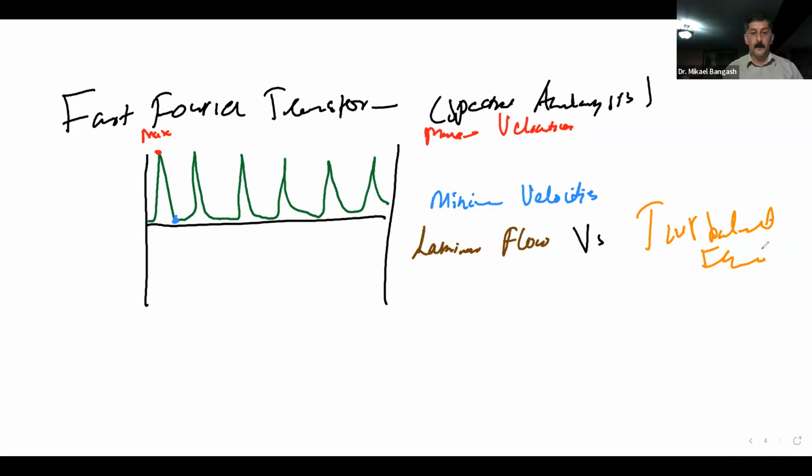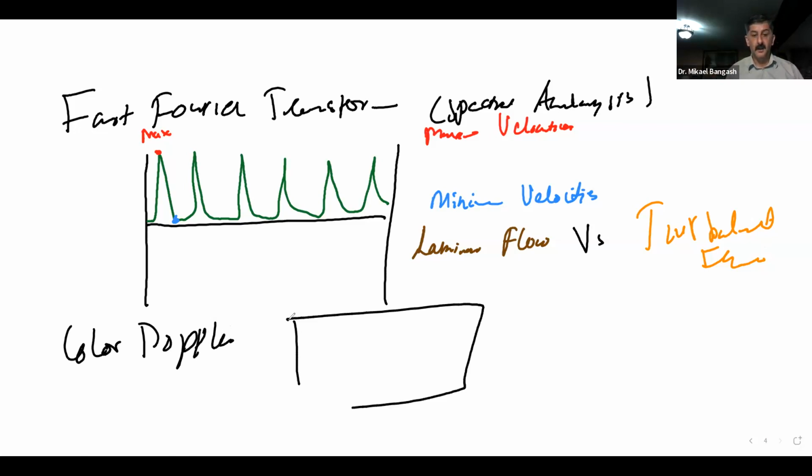Okay. Now on a color Doppler, let me just ask. If we say color Doppler, we may use whatsoever color map where, for instance, this may be the less negative or less positive and max positive velocity.